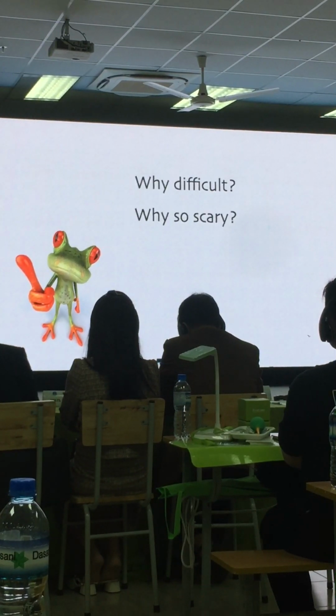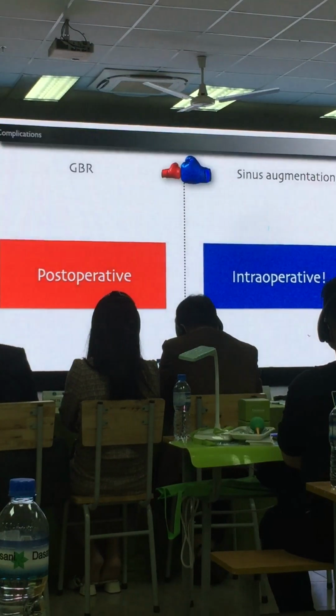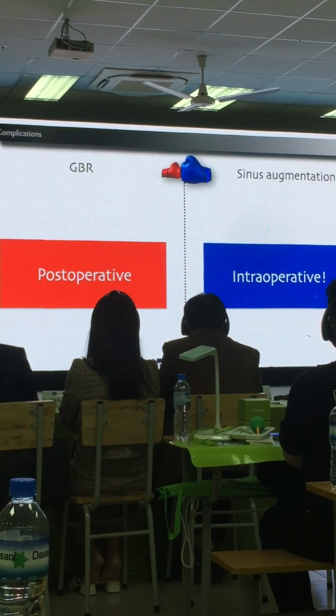However, we still have a vague fear of maxillary sinus augmentation surgery. Why so scary? There seems to be a difference in the timing of the incident. In terms of complications, those of GBR are generally observed postoperatively.